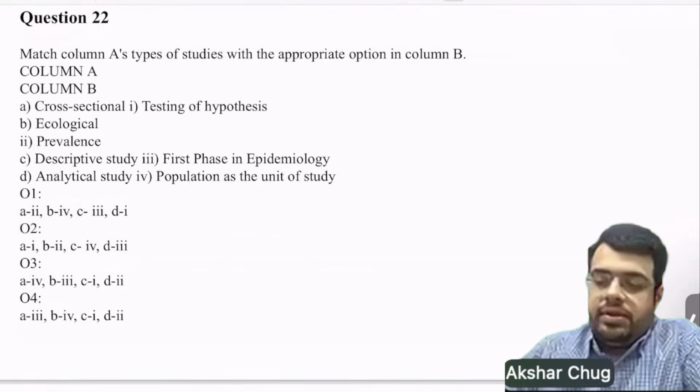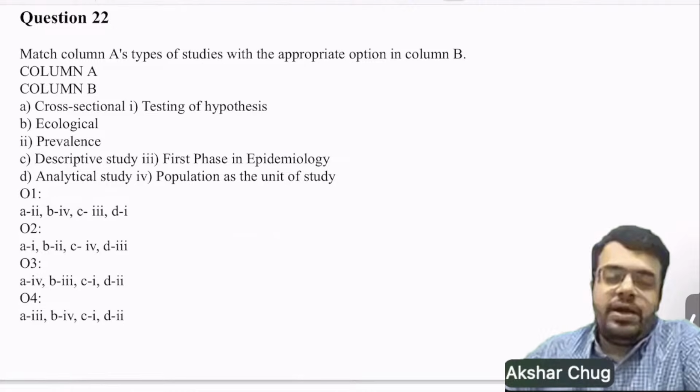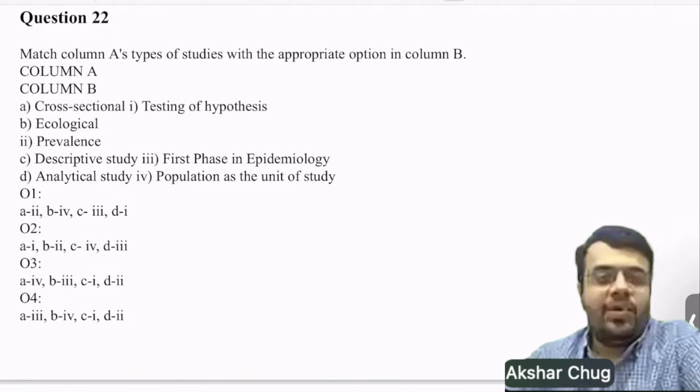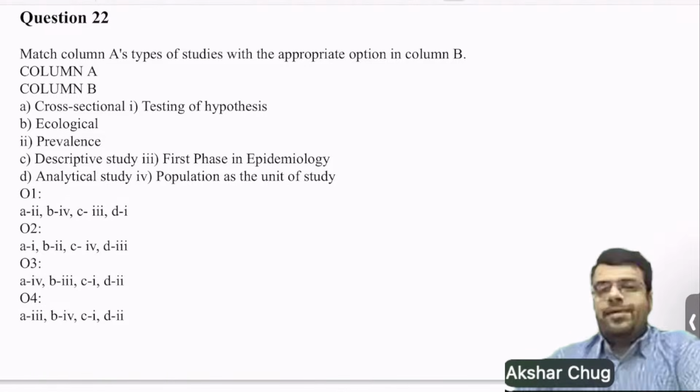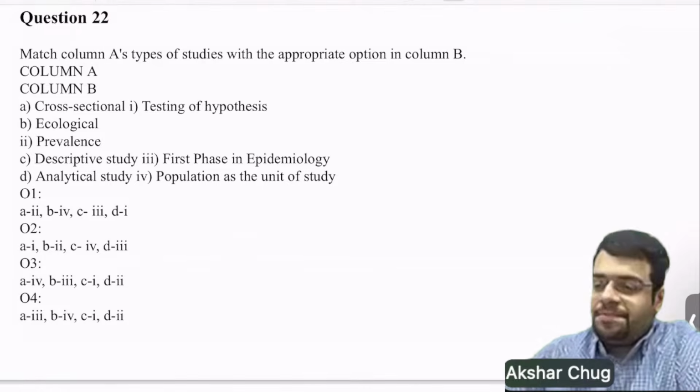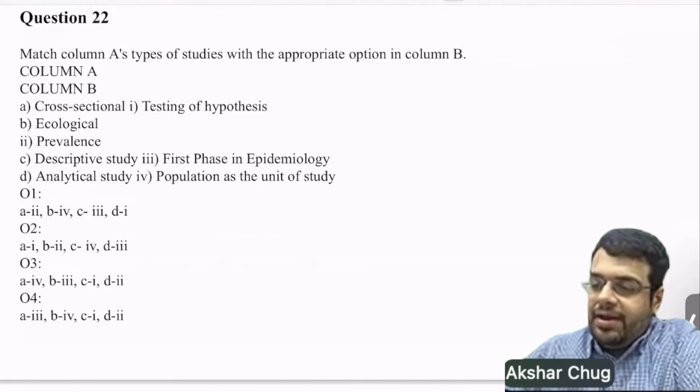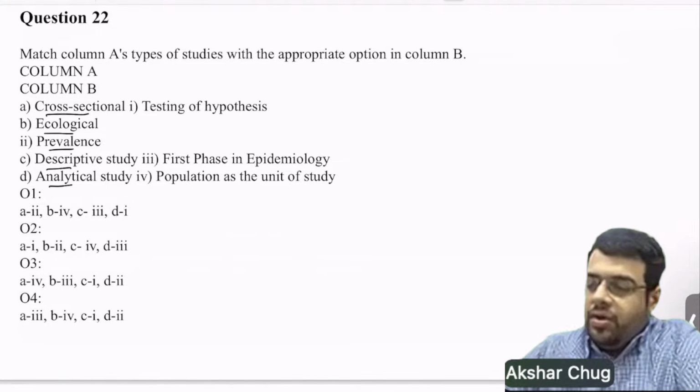So this is a match the column, and these are the best kind of questions because if you can match one or two options, you can arrive at the answer. Here we are asked about cross-sectional, ecological, descriptive, and analytical studies. We know that in ecological studies, the population is the unit of study.